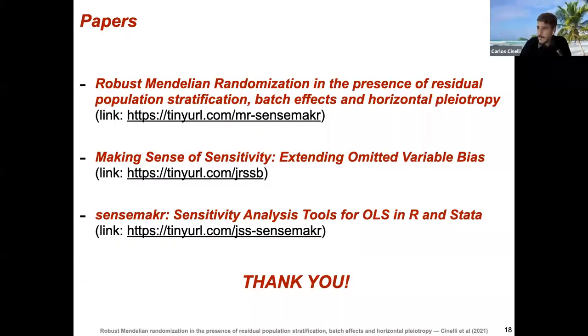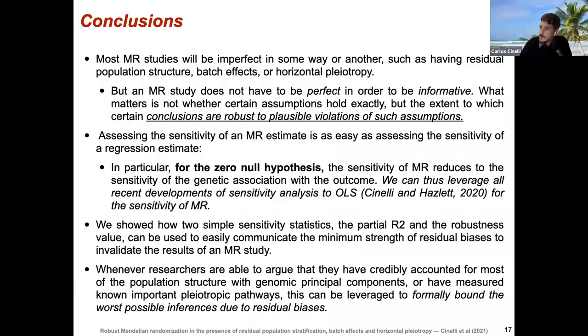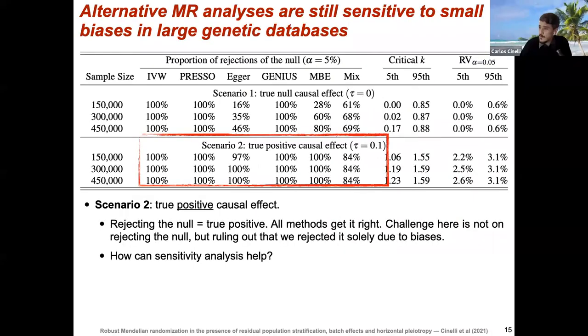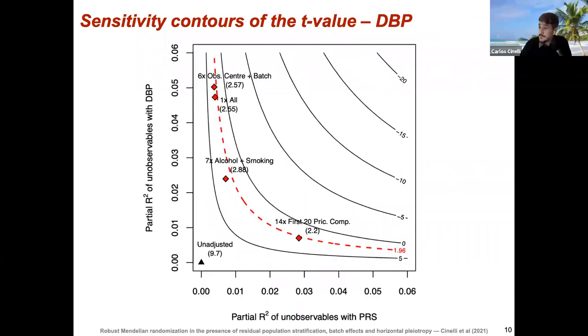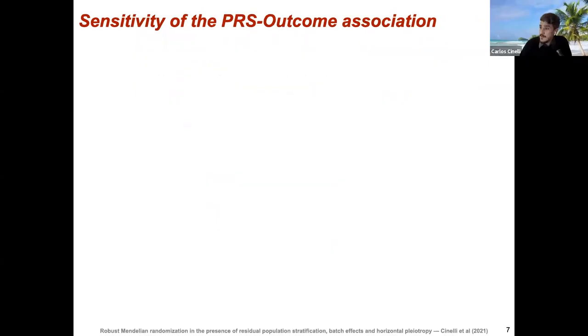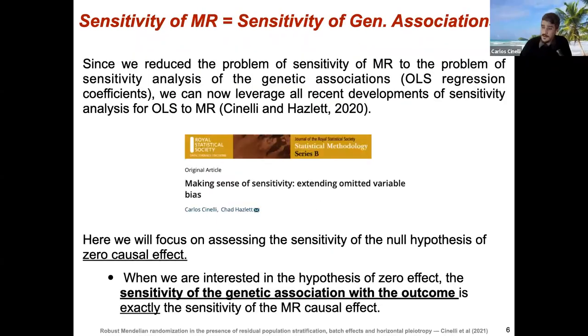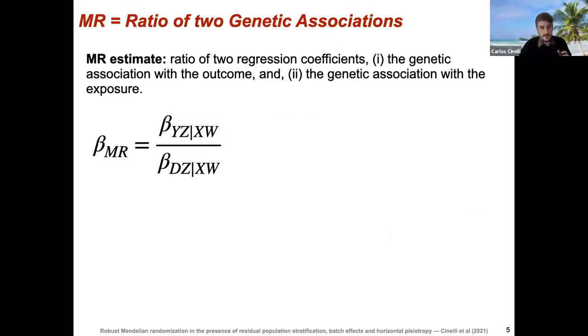Yeah, so that's a good question. What we're doing here is the sensitivity analysis of the MR estimand. And the estimand is this guy, right? It's a ratio of two regression coefficients.